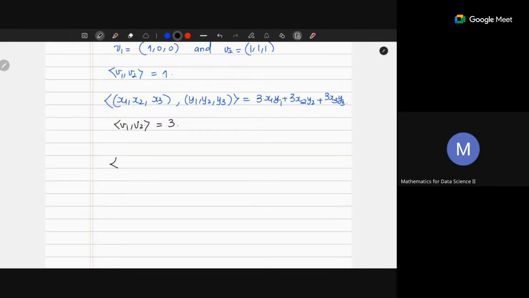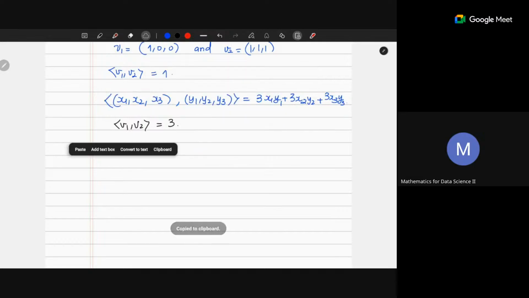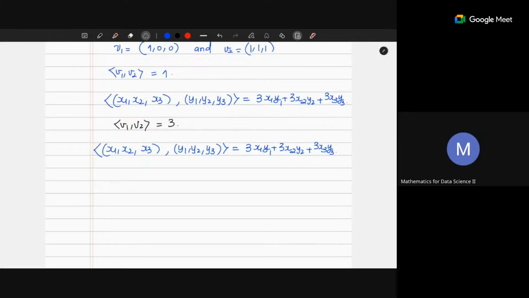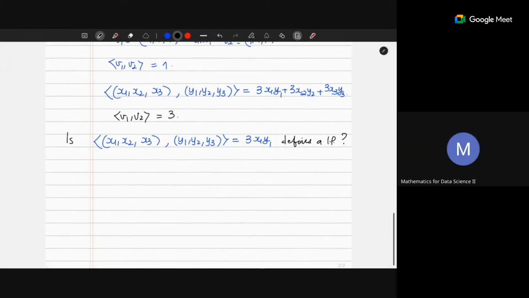Now let me ask you this. If I define my inner product to be just this, 3 x1 y1, is it an inner product? No. Which property does it not satisfy? The inner product is equal to 0 if and only if the vector is zero.